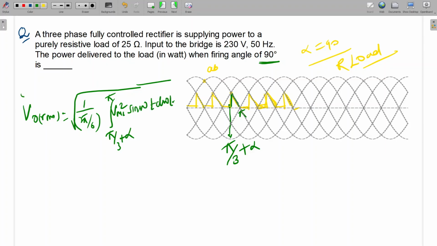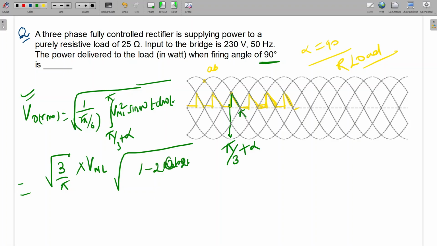Is it clear? This is the RMS equation. So it will be under root 3 by pi, into VML, and inside it will be sin square omega t. What will that be? 1 minus cos 2 omega t by 2.